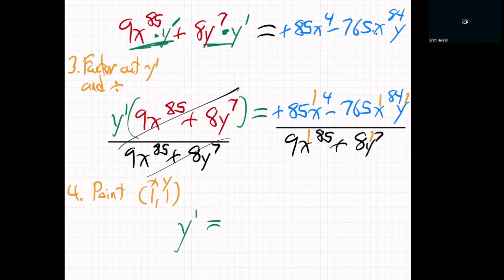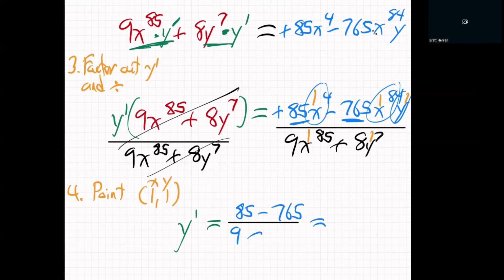On top it's just 85 minus 765, because 1 to the 4th, 1 to the 84th, and 1 times 1 times 1, 84 times, is just 1. On the bottom, it's just going to be 9 plus 8, because, again, 1 to the 85th and 1 to the 7th don't do anything. So it's nice. It's the benefit of ones.